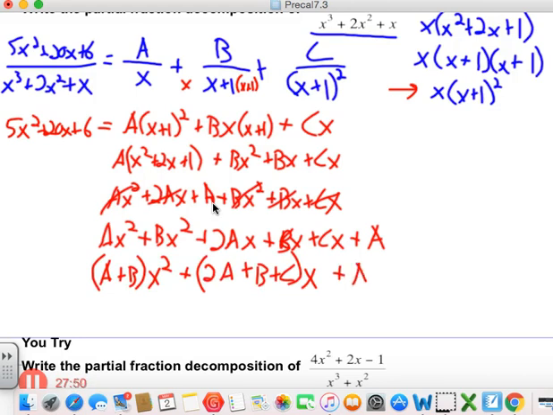And then we've got just the A by itself. So you can see over here, the equation was 5x squared plus 20x plus 6. So A plus B has to equal 5. And then 2A plus B plus C equals 20.